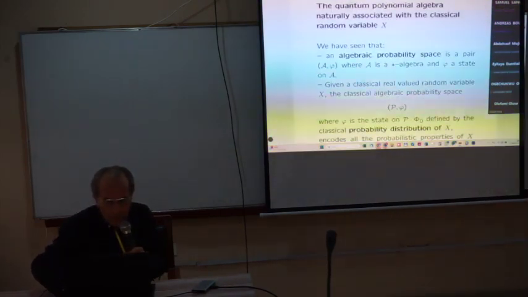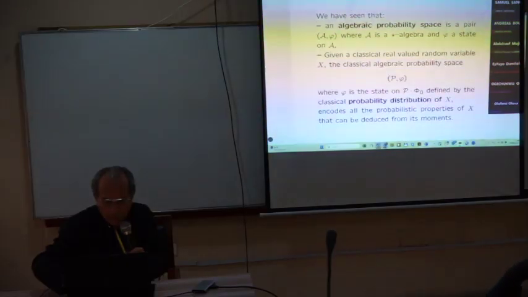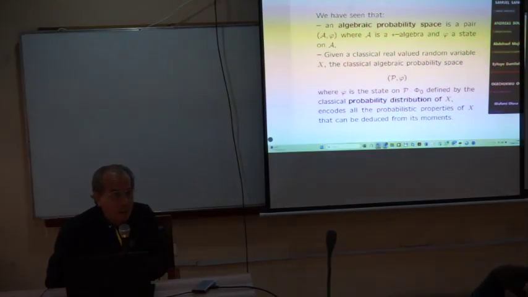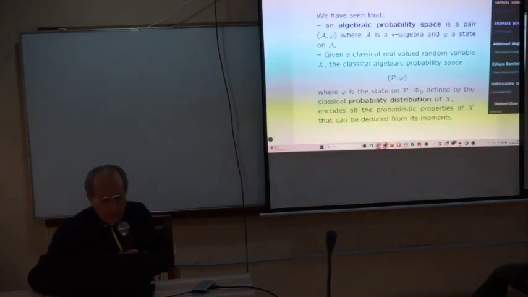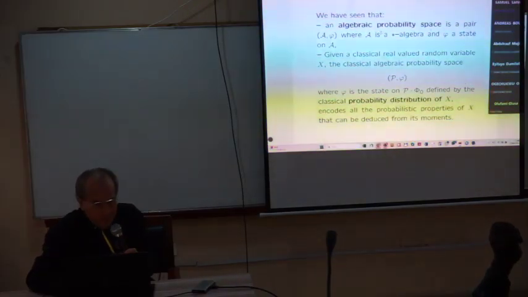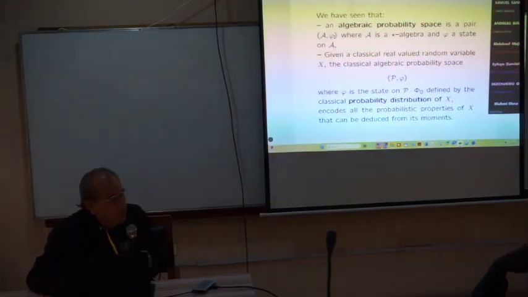So before this, let me introduce a conceptual implication of this fact. You see, we started, remember the definition of algebraic probability space, I remember it in the summary. It's just a pair where you have a star algebra and a state on the star algebra.